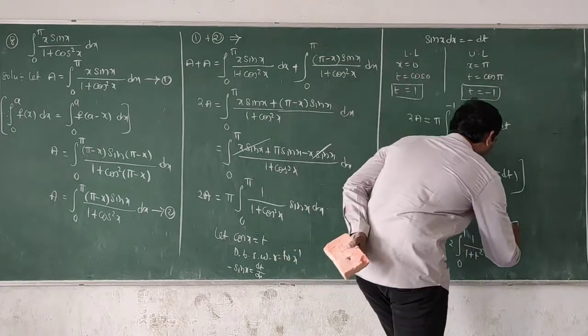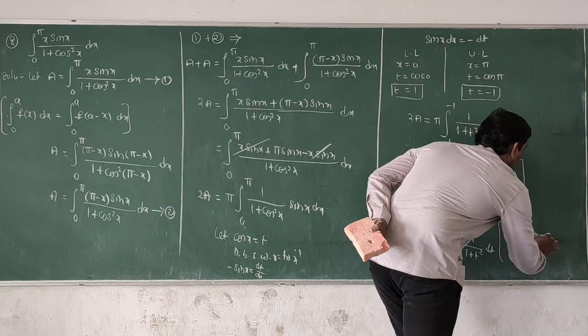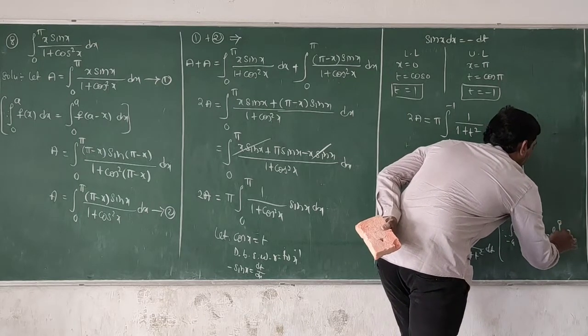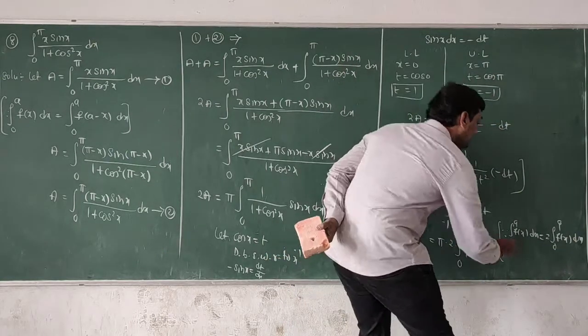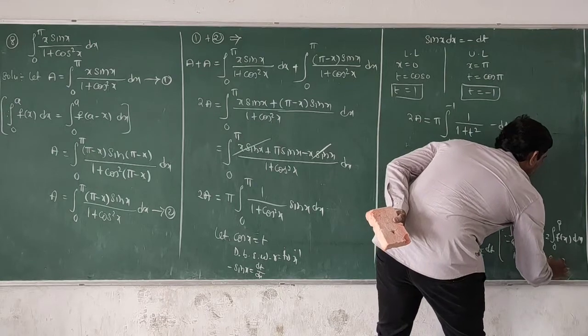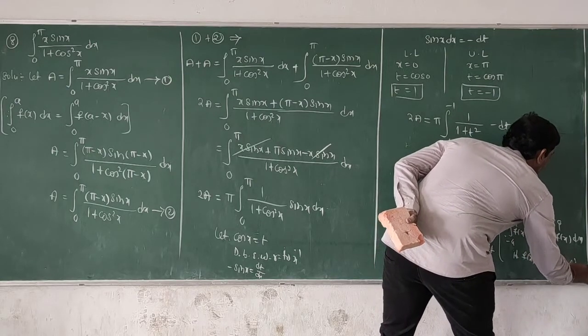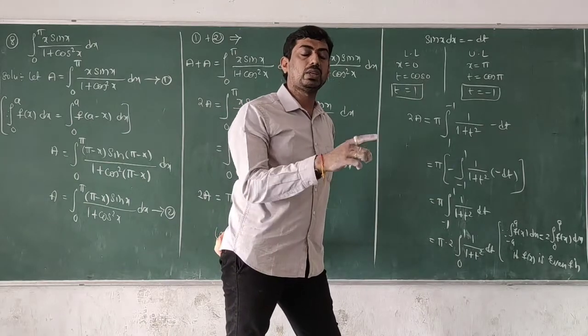Because here we use the formula that integration minus a to a f of x dx equals 2 into 0 to a f of x dx, when f of x is an even function. Clearly, this one is even because of t square and minus t whole square.